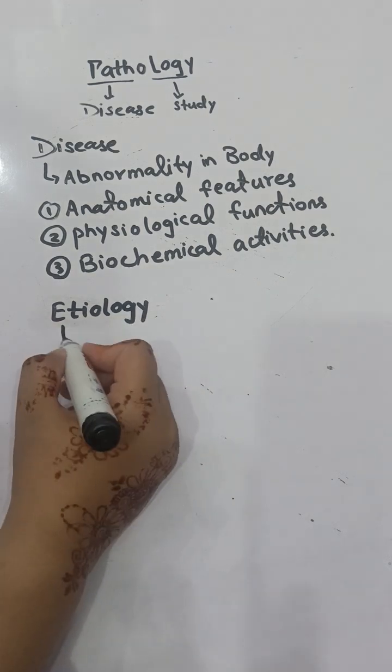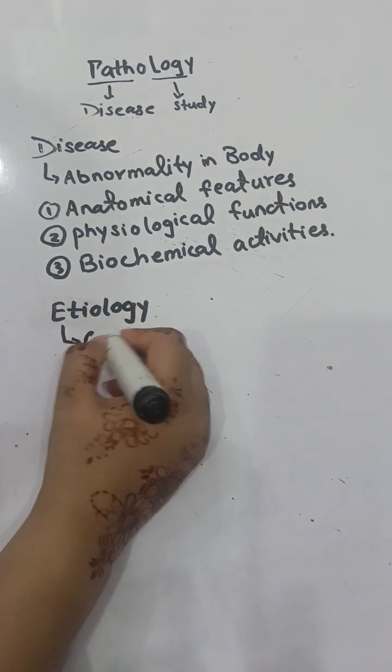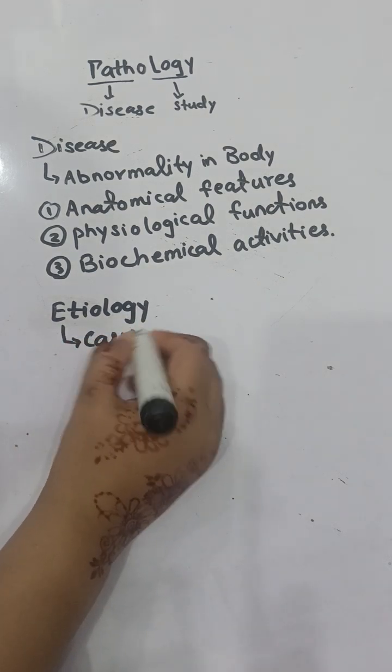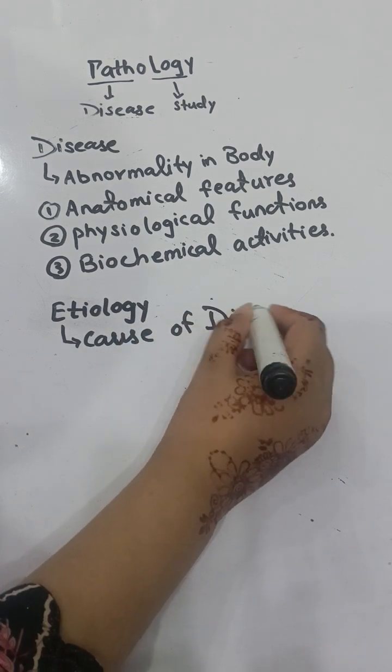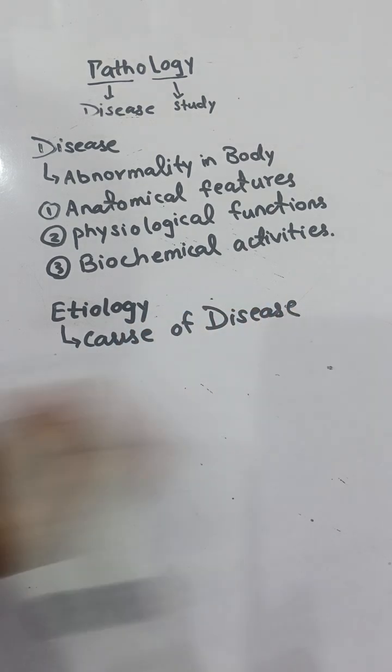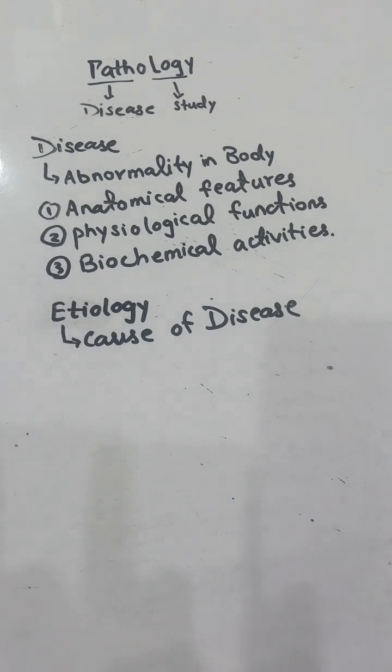If you are studying the cause of a disease, the causative agent of a disease, that is etiology. Like if I give you an example, if we are studying the cause of corona, you know very well that the cause of the corona disease is a virus which is called COVID-19 or coronavirus. So this is the particular cause of that disease, and we call it etiology.